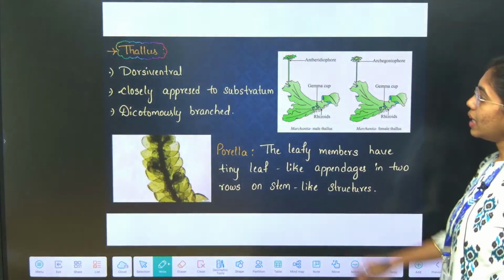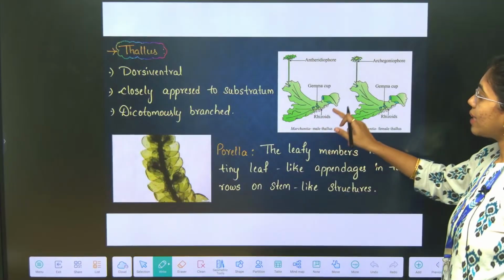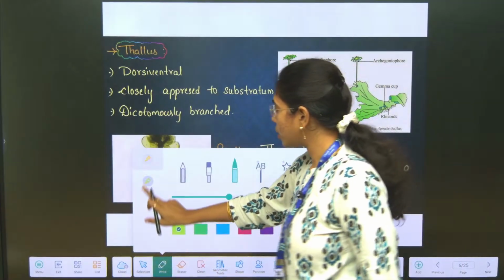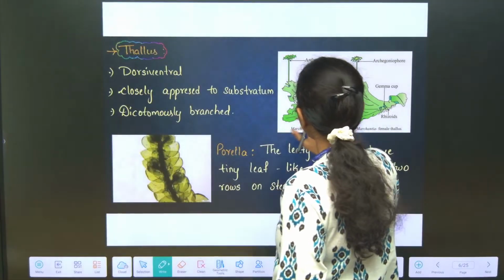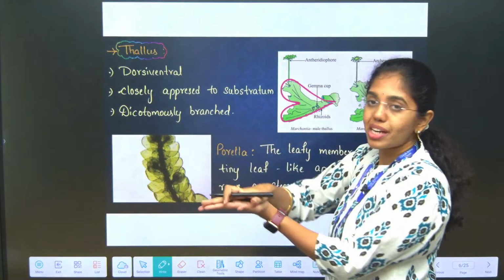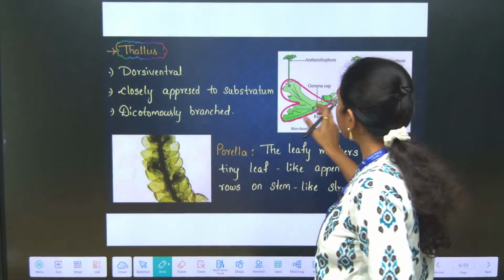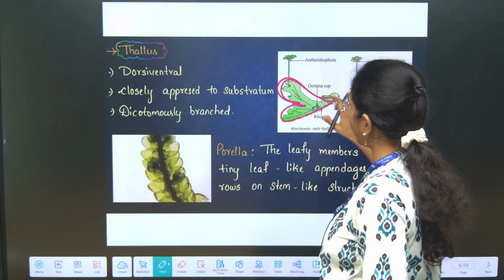Now let us see the thallus of Marchantia. The thallus of Marchantia, if you observe, is dorsiventral, closely appressed to the substratum, and dichotomously branched like this.